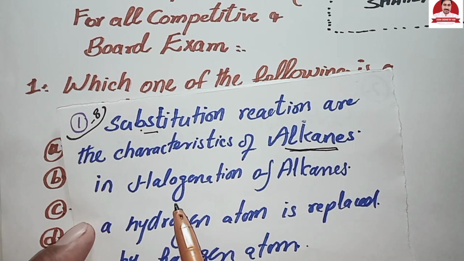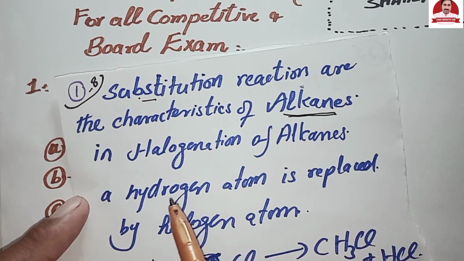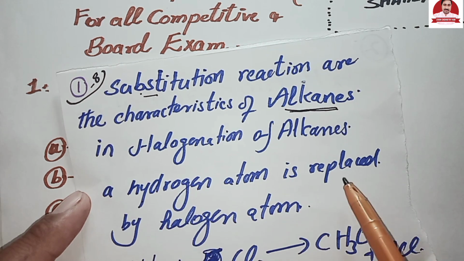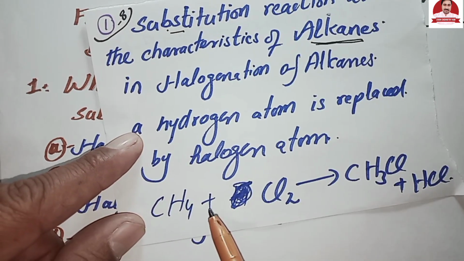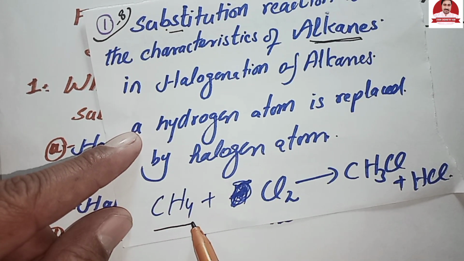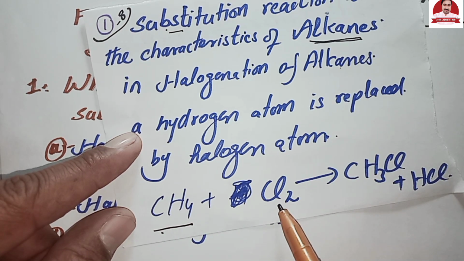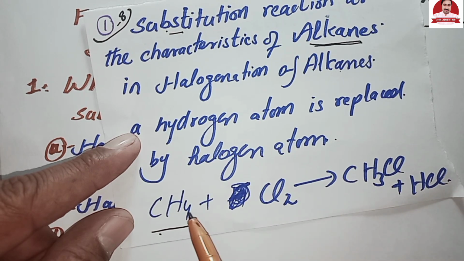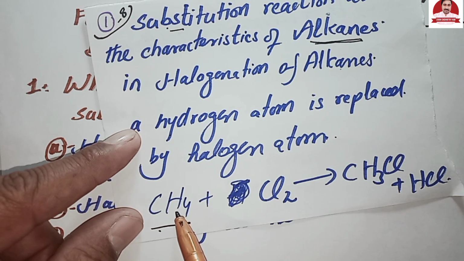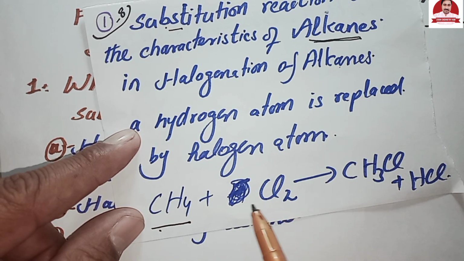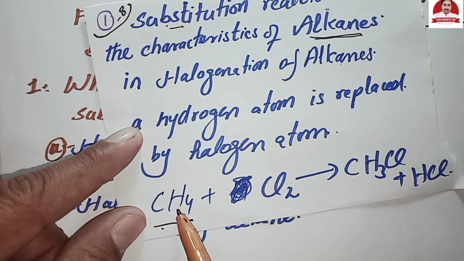So in halogenation of alkanes, a hydrogen atom is replaced by a halogen atom. For example, when methane, from the alkane family, reacts with a chlorine molecule, one hydrogen atom is removed from the methane and one chlorine atom is added in place of the hydrogen atom.